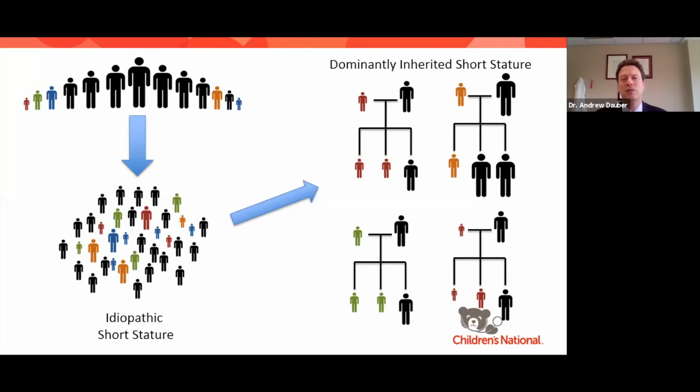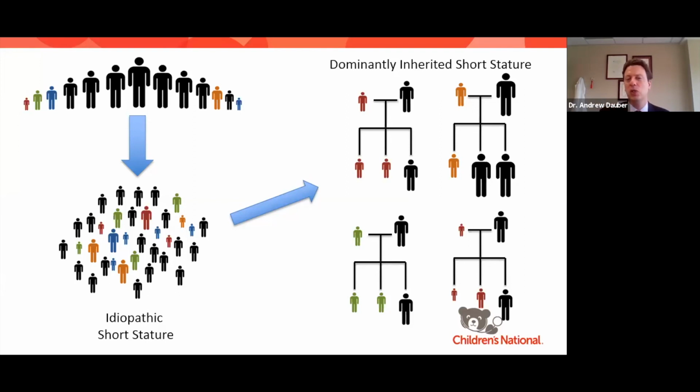But there are also individuals in there who might have rare genetic variants, giving them a monogenic cause. And if you just pull out all of the individuals with idiopathic short stature, you'll see there's some individuals with the blue cause or the green cause or the orange cause or the red cause, which may be NPR2 or SHOX or Aggrecan.